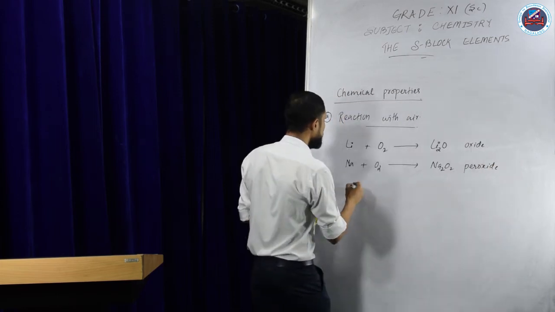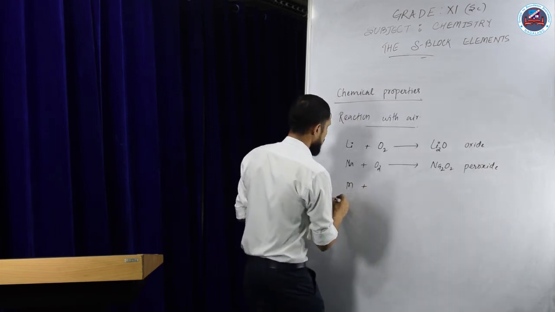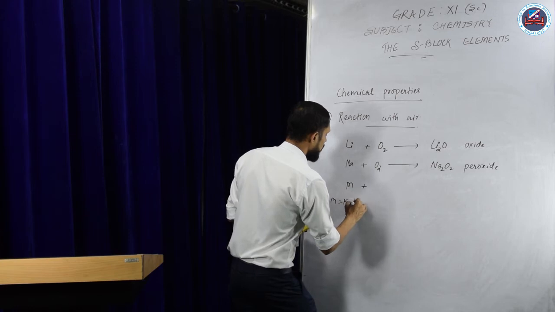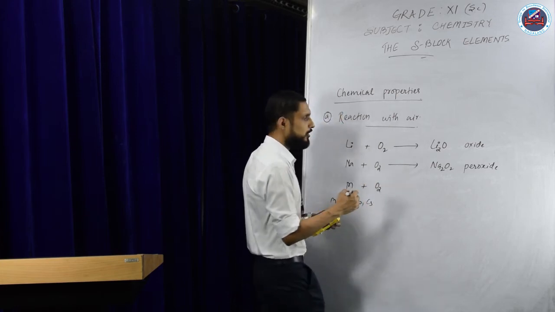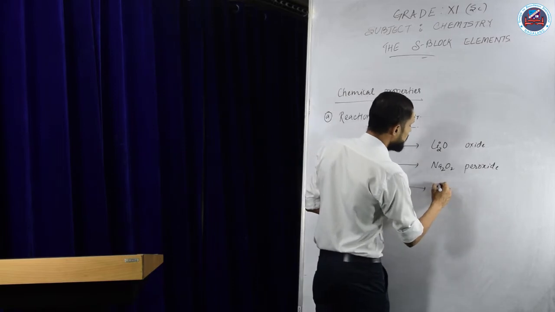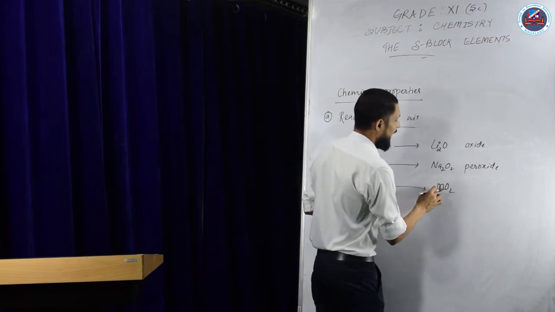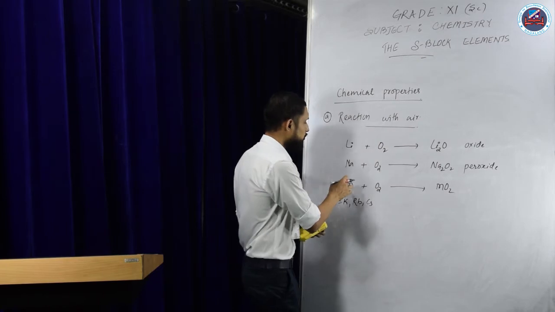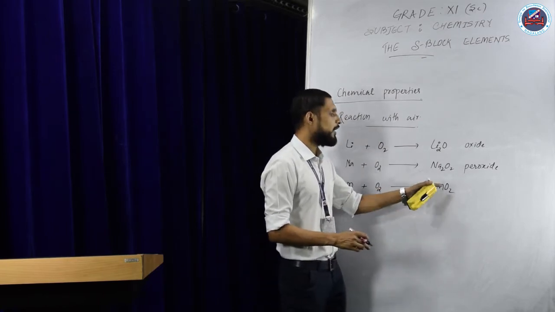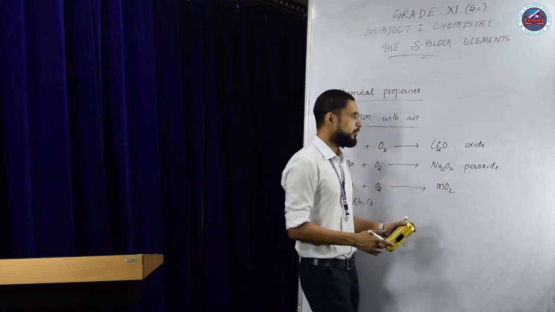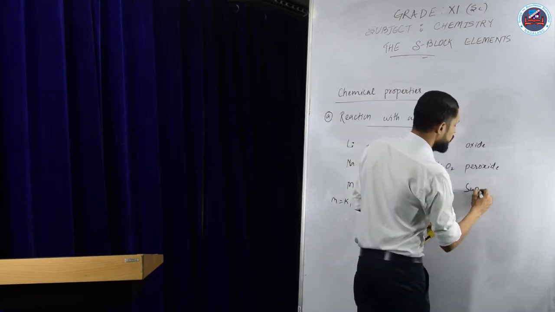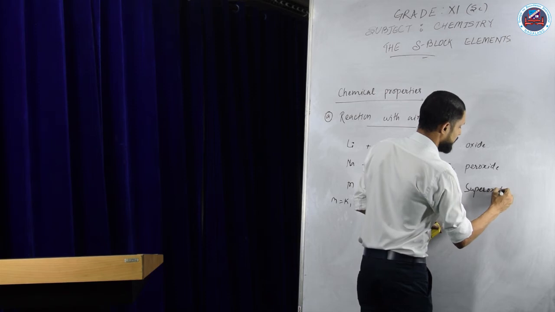Whereas the rest of the elements in the group, like potassium, rubidium, cesium, if they react with oxygen, form superoxide of the form MO2. That means if potassium reacts with oxygen, it will form KO2. If rubidium reacts with oxygen, it forms RbO2. It's known as superoxide.